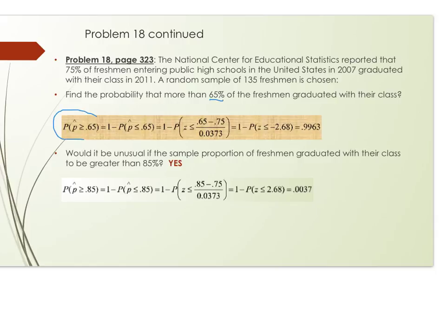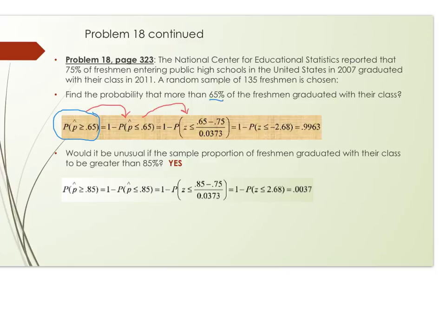Here is our probability statement, and since our z-table only looks at probabilities to the left of p hat, we have to transform it first into a complement, 1 minus the probability of p hat less than or equal to 0.65, and then we transfer it to a z variable.